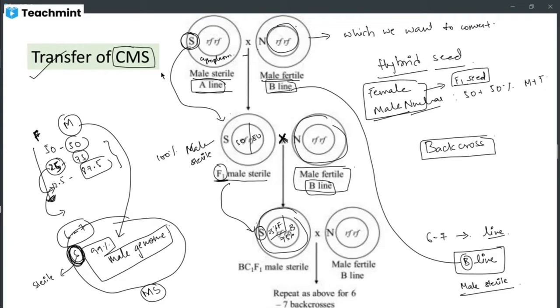If you want a successful cross between these two, and the female has a bisexual flower, which means both the male and female floral parts are in the same flower, can you ensure 100% cross pollination every time?